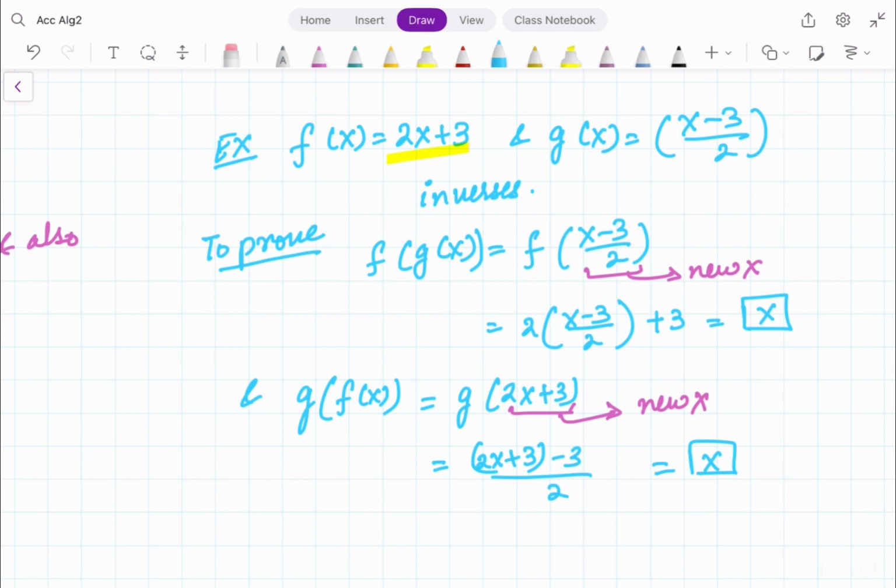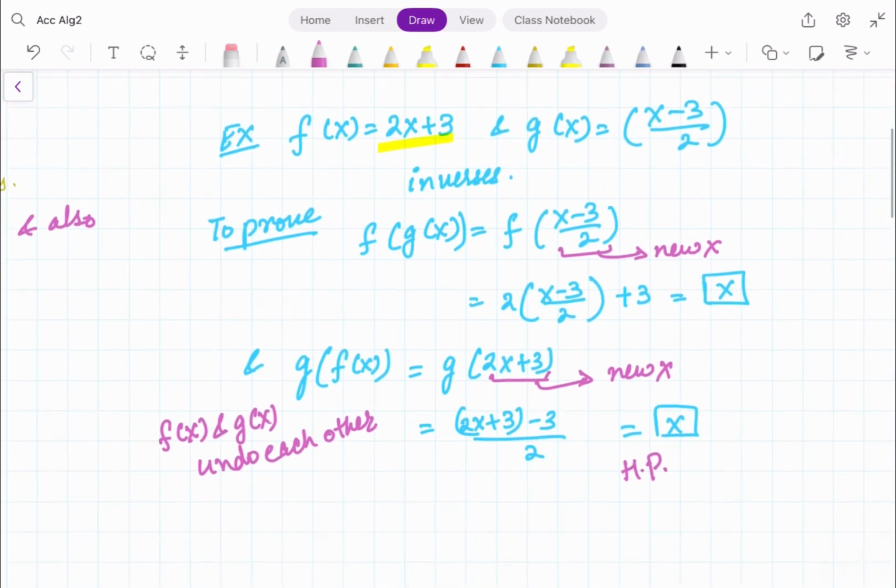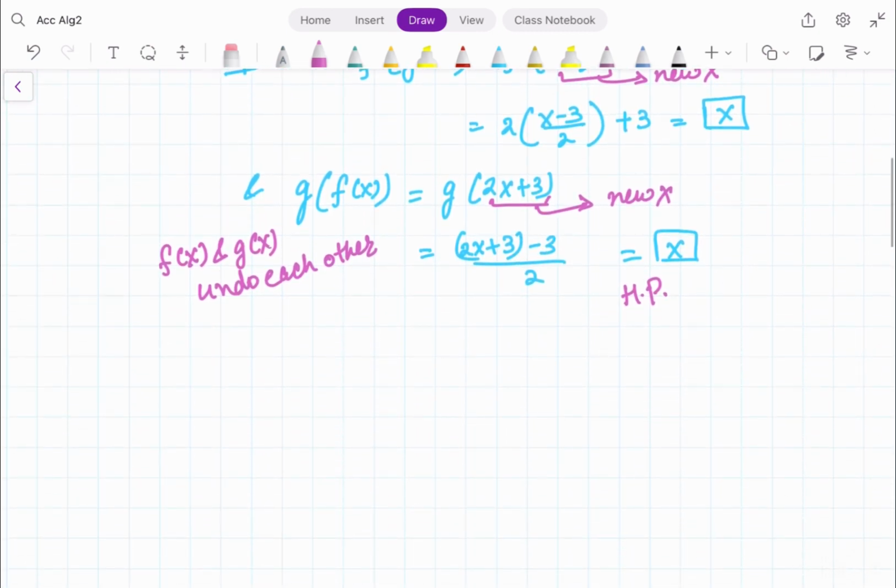And this also generates x. So this implies that f of x and g of x, they are inverses. Basically, f of x and g of x, they undo each other, because that is the beauty of inverses. We will try to see how it looks graphically. And I wrote H.P., that implies hence proved, because they are asking us to prove.